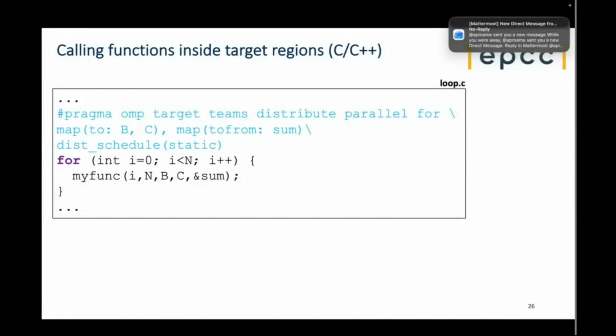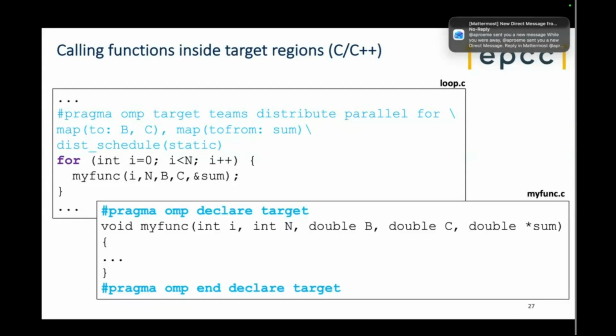And so you can call functions inside a target region so that your code can be properly organized. Sometimes you have to tell OpenMP that the function can run on the device as well. That's not always necessary, but it typically is if the function is defined in a different compilation unit.